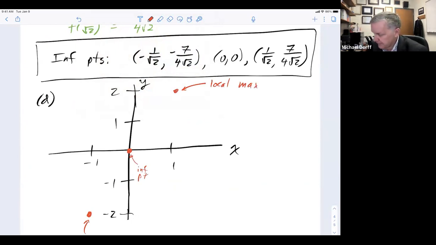I also have an inflection point that is approximately about here. So that's an inflection point. And there's an inflection point about here. And that all came from part C that we did. And then in part A, we know that it was decreasing until we got to negative 1.